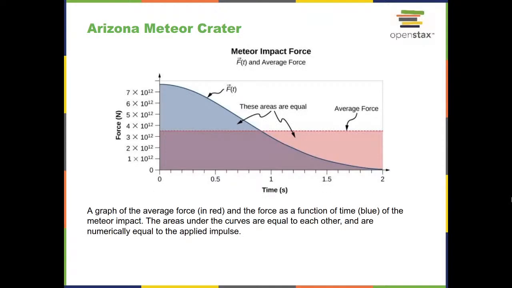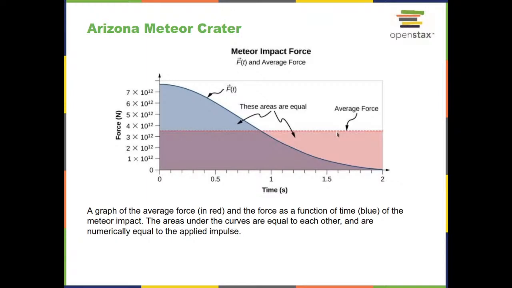So the impact might have looked like this. This is a different functional description. Even here, it starts at time equals 0, and so the maximum force starts out here and then falls off as the meteor digs into the Earth.